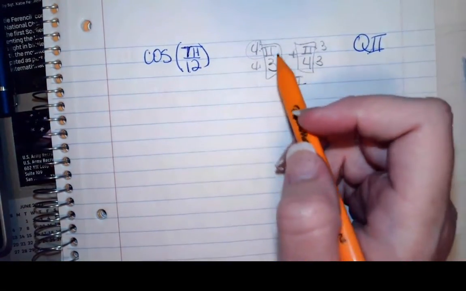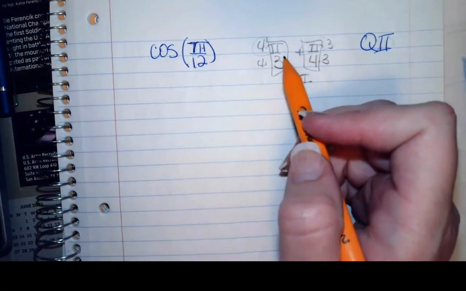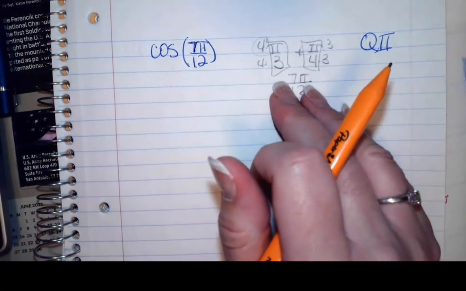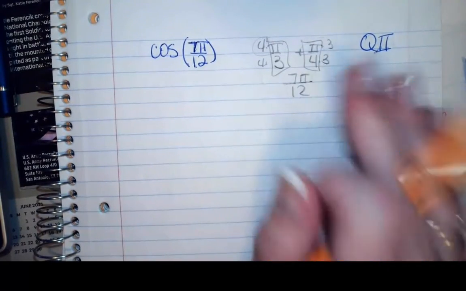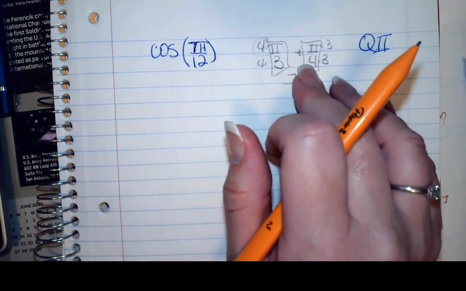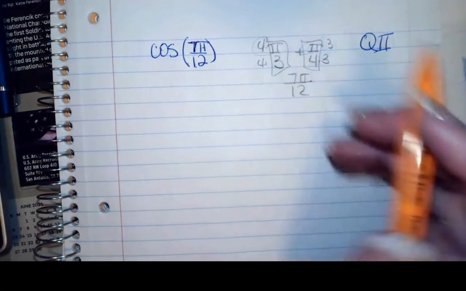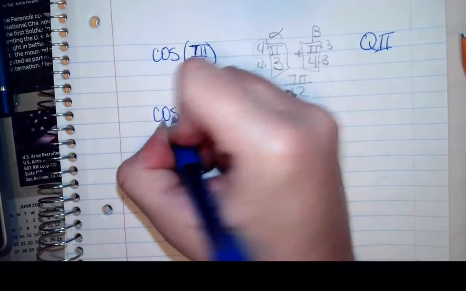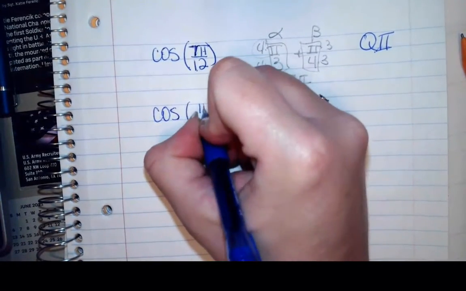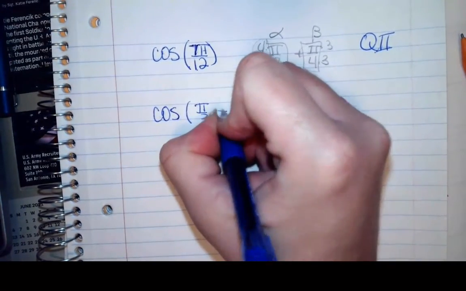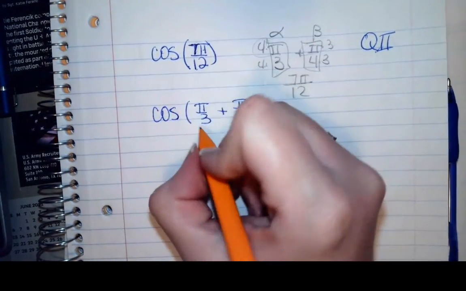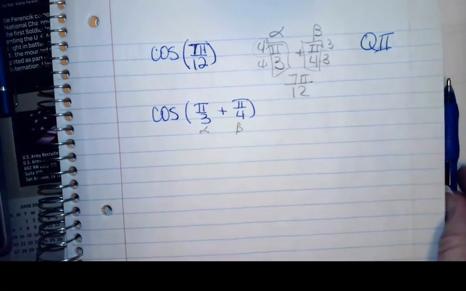And the order doesn't matter when you're adding, because 2 plus 3 is the same thing as 3 plus 2. So pi over 3 plus pi over 4 is the same thing as pi over 4 plus pi over 3. So I'm going to make this my alpha and this my beta. So going in, I've got the cosine of pi over 3 plus pi over 4, so there's my alpha, and there's my beta.